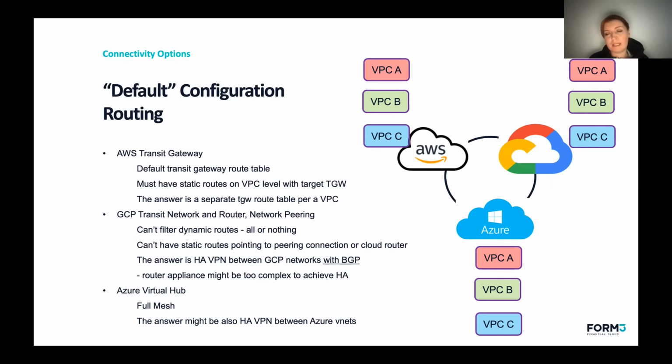Virtual Hub basically provides full mesh features. So once you are connected to Virtual Hub, you see everything that's connected to this Virtual Hub. So again, the answer might be HA VPN between Azure VNets, but that's something we need to look into further.